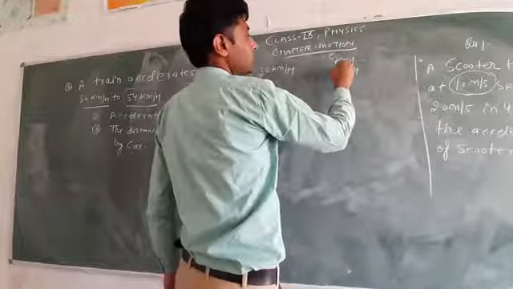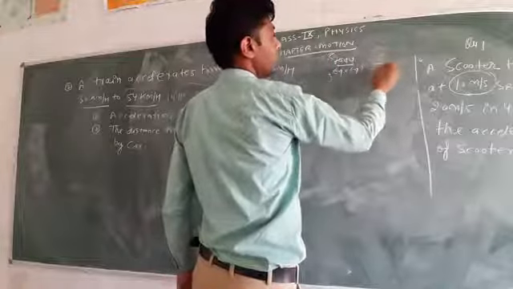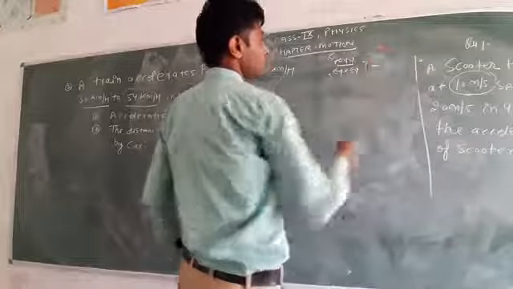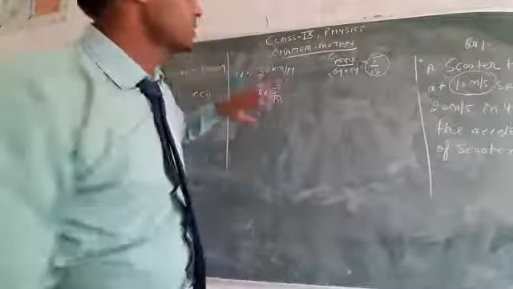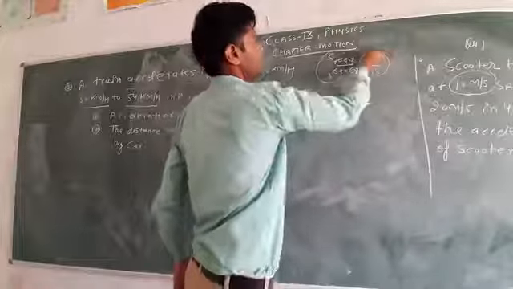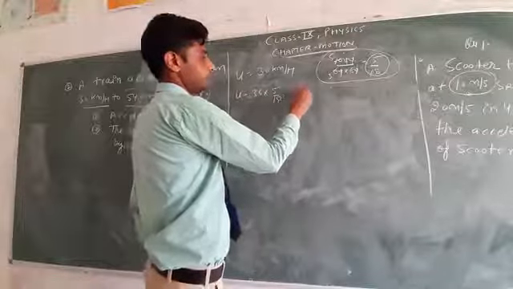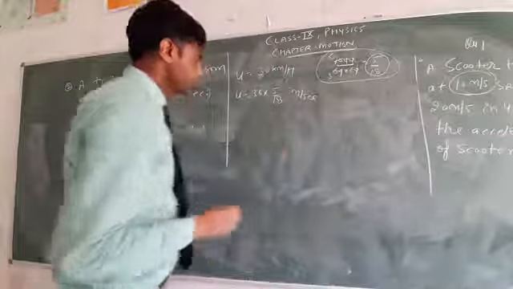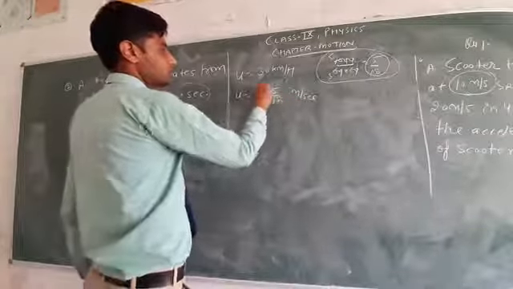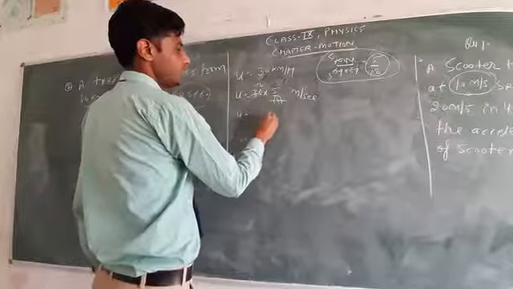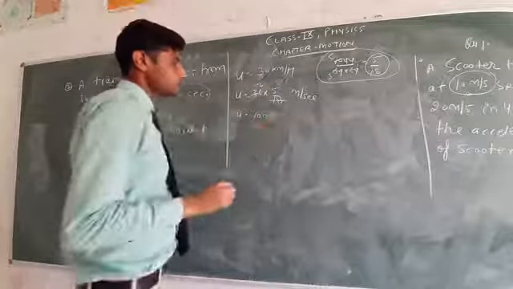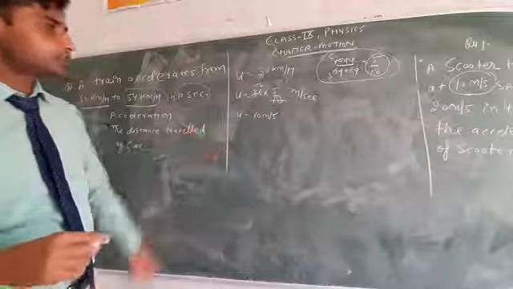So it means you can multiply directly by 5 upon 18 to convert kilometer per hour to meter per second. So u is 10 meter per second. This is the value of initial velocity.